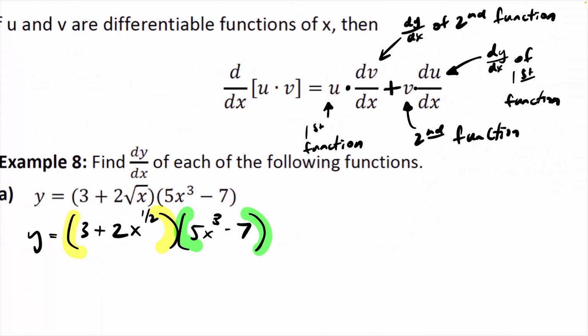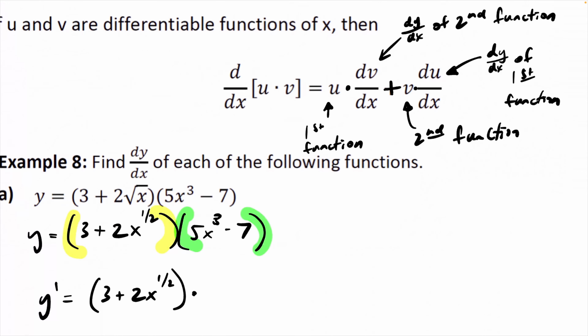I'm not going to do anything with it, just rewrite it. Then times the derivative, dy over dx, of the second function.